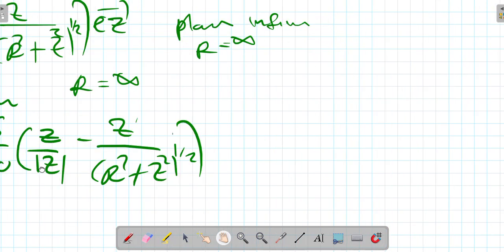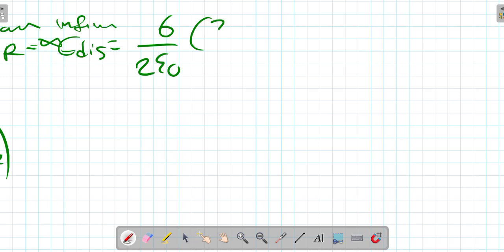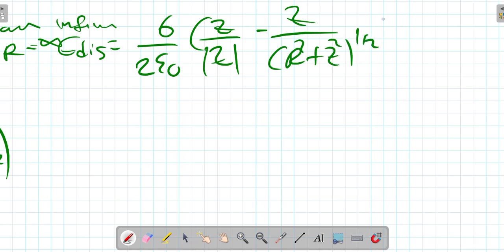So in our equation, we're going to have sigma over 2 epsilon 0, if I'm not mistaken, E for a disk, then z over the absolute value of z, then minus z over r squared plus z squared to the power 1 over 2. Now here we're going to put infinity.